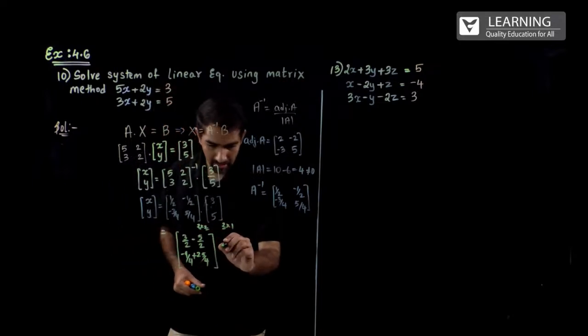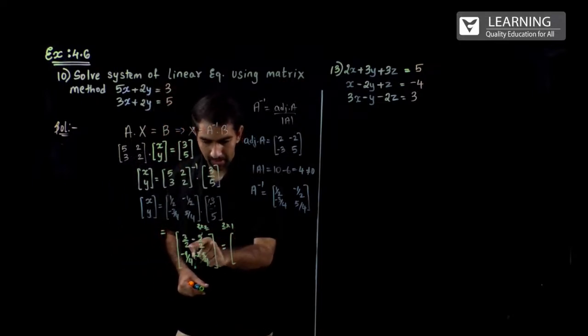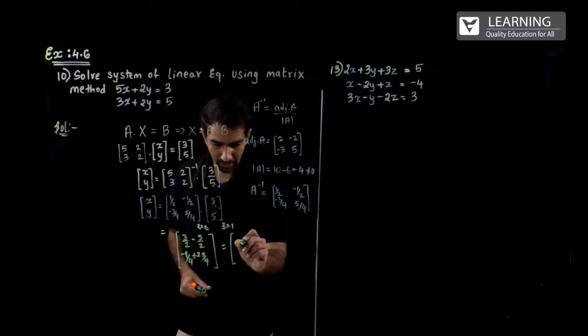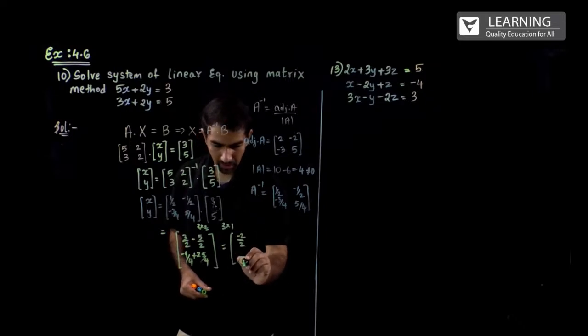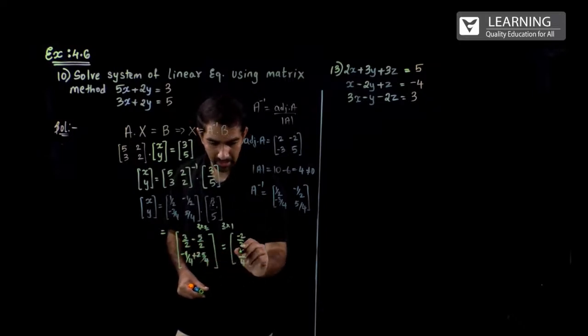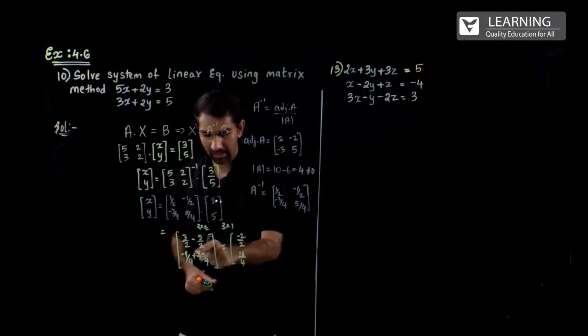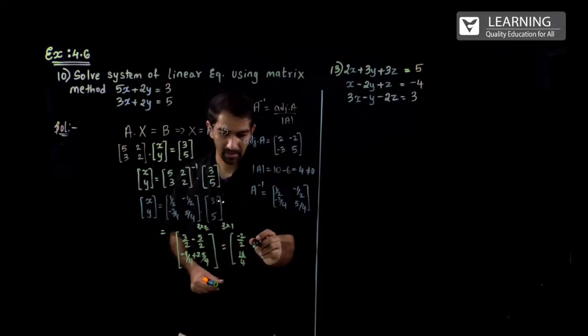Further simplifying this, what will you be getting here? Denominators are same, so write the denominator 2. 3 minus 5 is minus 2. Here also denominators are same, so write by 4, plus 25 minus 9 is 16. Is that correct? Yeah. 25 minus 9 is 16.